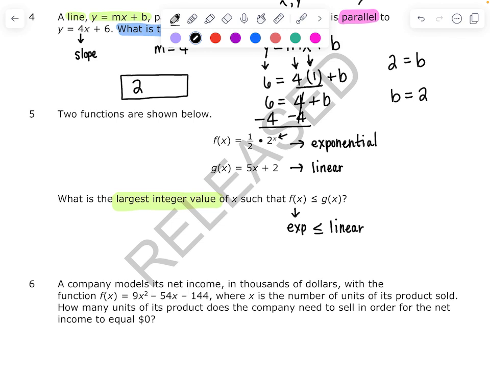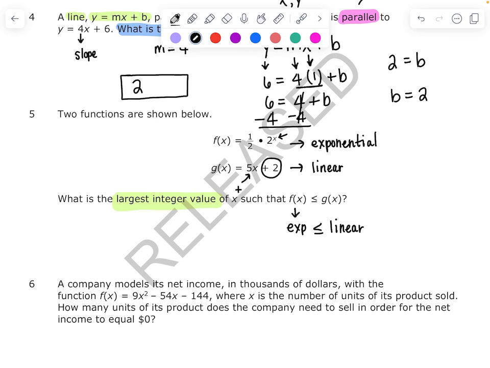We've really looked at a lot of exponential and linear functions this year, and we know that exponential functions increase very rapidly and eventually will increase faster than the linear function. We are starting with a higher amount in the linear. Notice we're starting with 2, and we're just going to add 5, add 5, add 5, because this is our rate of change.